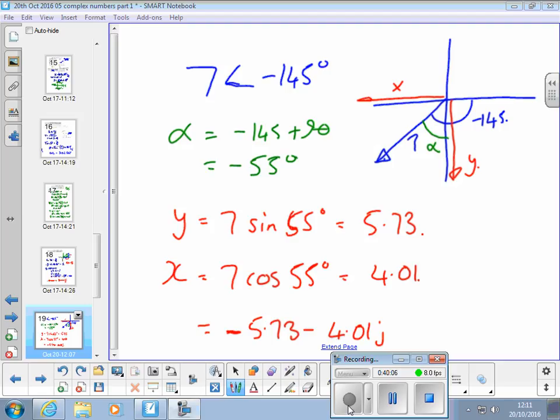Minus 5.73 minus 4.01j. If we didn't draw the diagram, you might miss that. That's in that third quadrant, and both parts are negative. When you do that on the calculator, that'll work all that out for you.